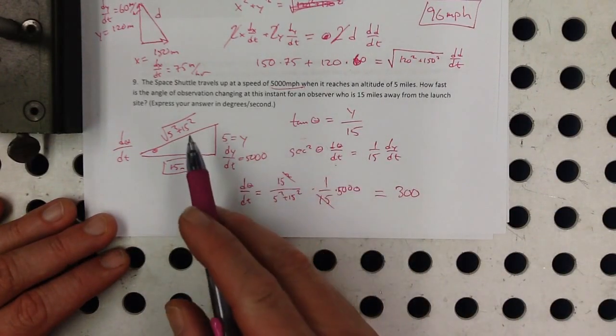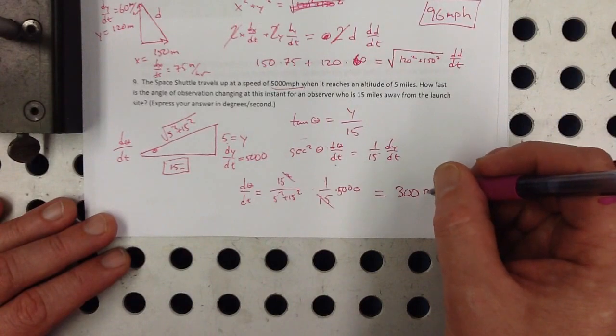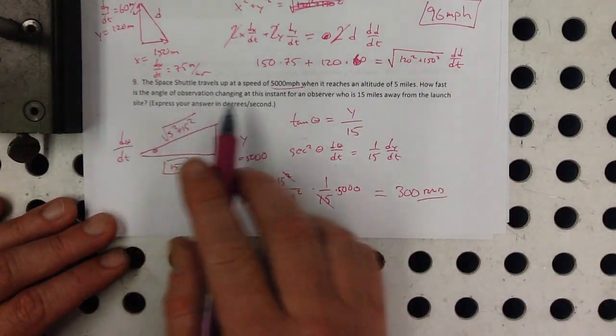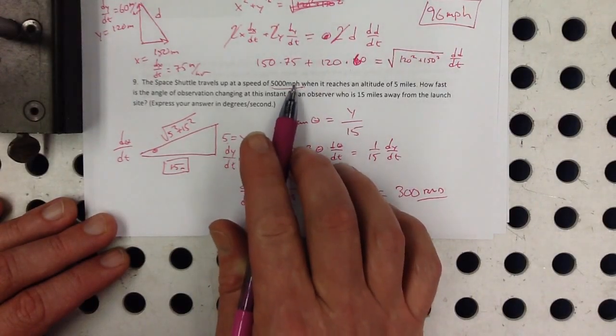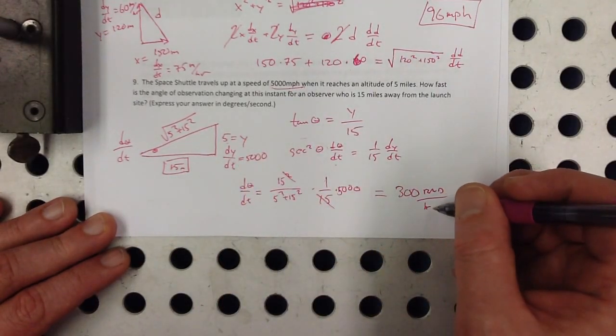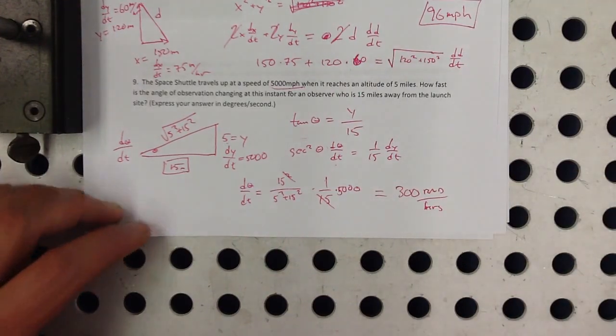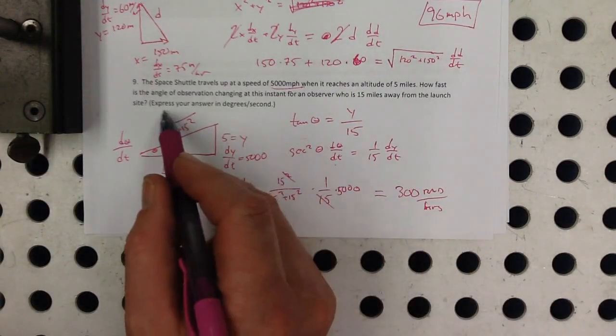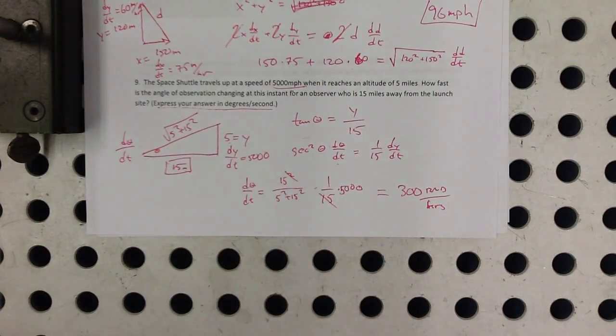And that 300 is, since I did calculus, the angles are measured in radians, and my time here is in hours. That's the correct answer, but I'm being asked to express the answer in degrees per second. So let's see if we can convert that.